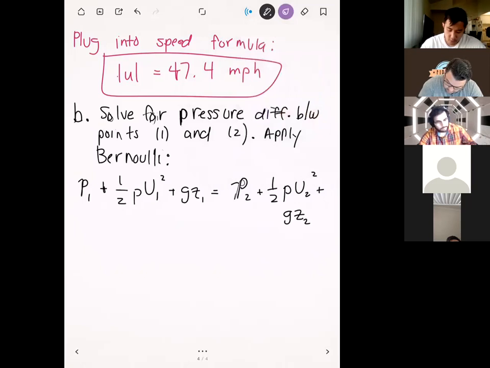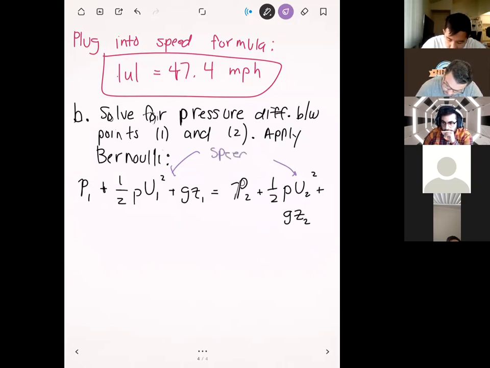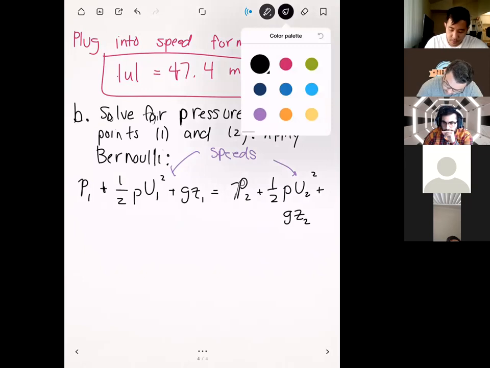And so one thing I want to note about using Bernoulli in potential flow is that these velocities that you see here, these are the speeds, okay? So when you plug into Bernoulli here, make sure you plug in the speed, which is the magnitude of the velocities, okay? So don't just plug in the x component velocity or the y component, make sure you're plugging in speed for these guys, okay?